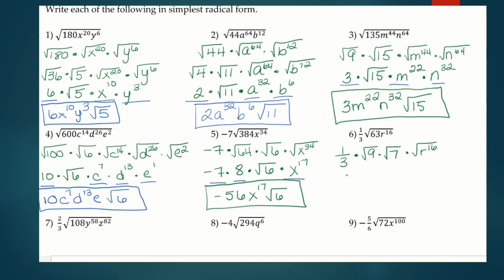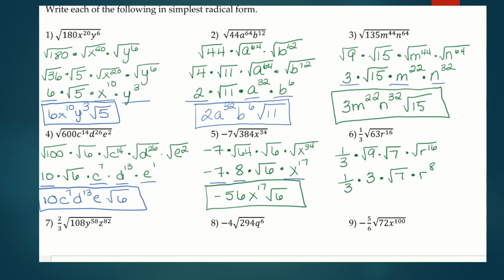Okay, so simplifying here, the square root of 9 is 3. The square root of 7 is irrational, so I'm going to leave that as the square root of 7 because all we're doing is simplifying. And then the square root of r to the 16th power gives me r to the 8th power, since I take 16 and cut it in half.